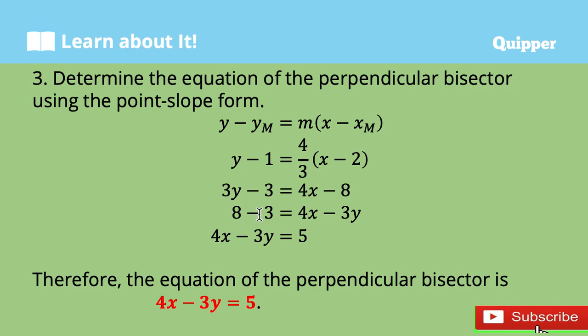And 8 minus 3 is 5. So we have 5 here. And 4x minus 3y, we cannot simplify that one. So we have 4x minus 3y is equal to 5. Therefore, the equation of the perpendicular bisector is 4x minus 3y is equal to 5.